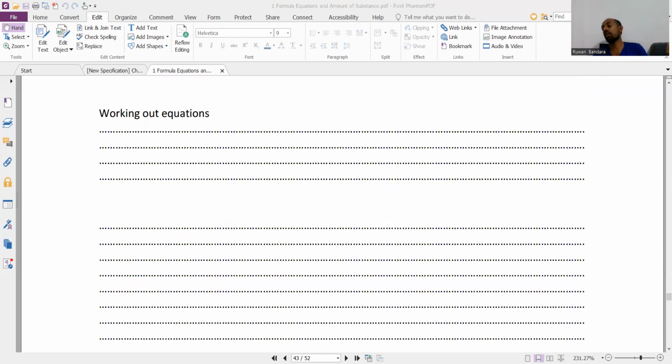You might be thinking, what's the use, because we already know the formulas? Why do we need precipitation reactions to work out the equations?